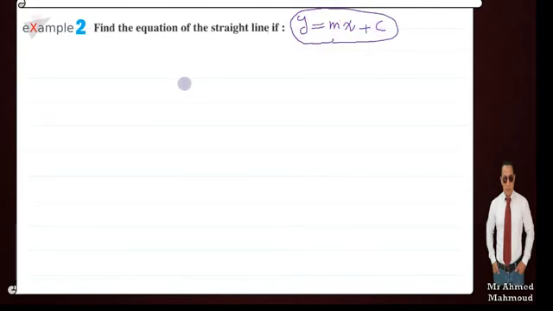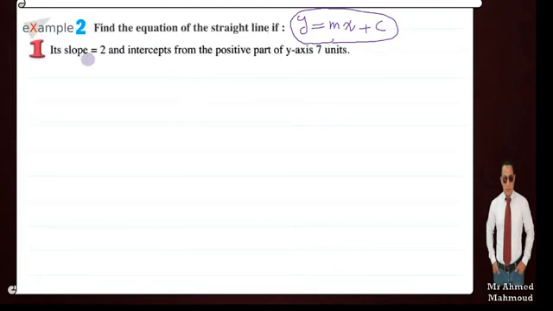Number 1, if the slope equals 2 and it intercepts a positive part of the y-axis of 7 units. Here m equals 2 and c equals positive 7 because he said a positive part.